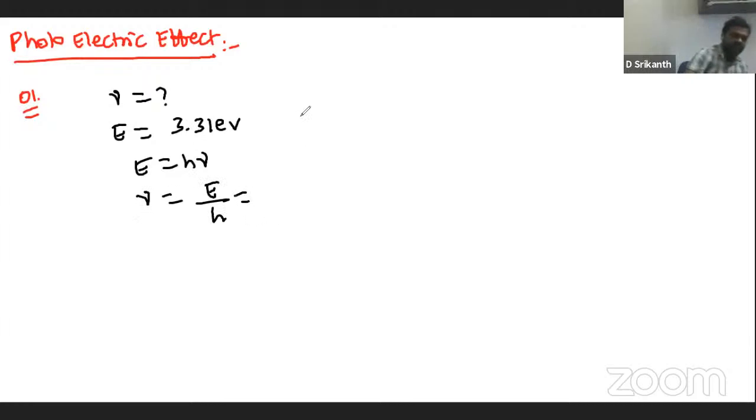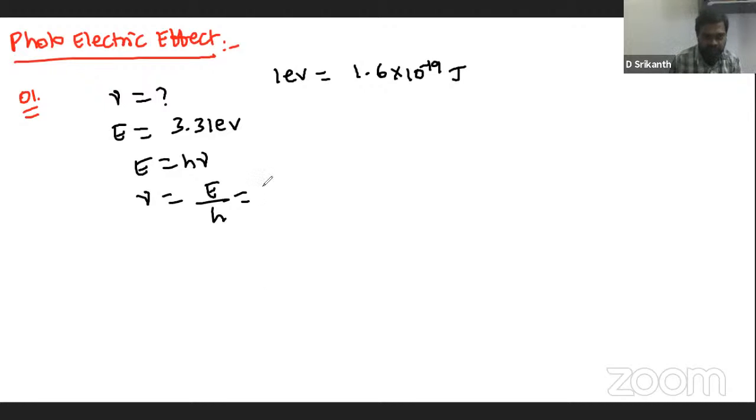Remember that 1 electron volt is charge into potential. The charge value is 1.6 into 10 power minus 19, so 1 electron volt equals 1.6 into 10 power minus 19 joules.